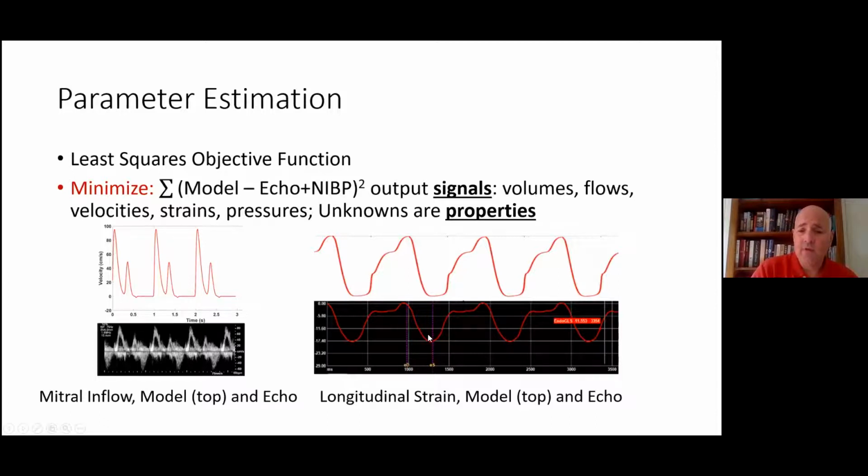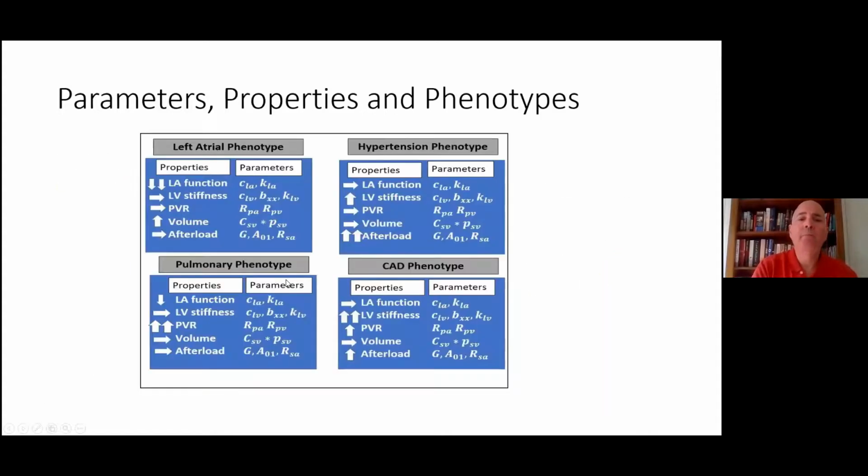And this is an example of the strains that we measure in the patients and the strains in the model. And of course, what we're trying to do is optimize the model minus the echo observed signals, with the unknowns being the properties that I just mentioned in the previous slide.